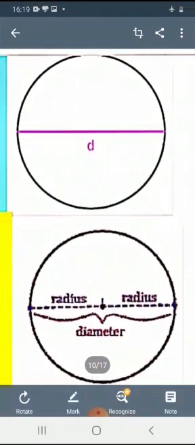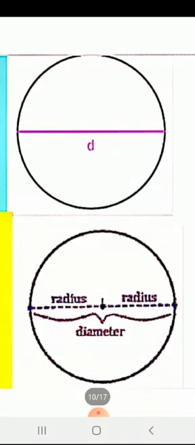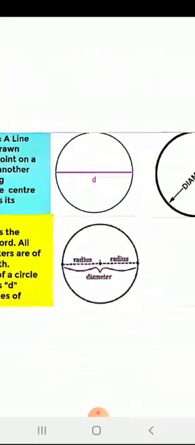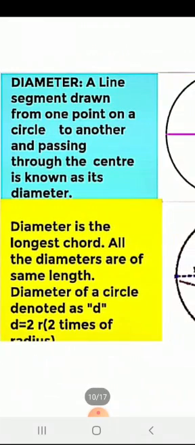Here, how many radii are there? Two radii. When two radii are joined, we get a diameter. That means the diameter is equal to 2 times the radius. A line segment drawn from one point on a circle to another and passing through the center is known as its diameter. Diameter is the longest chord. Why?